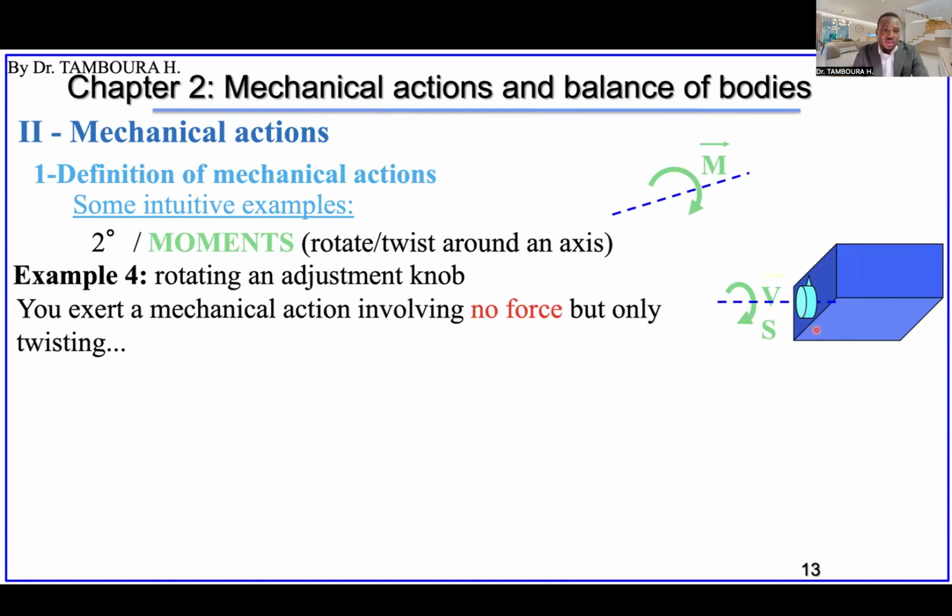You exert a mechanical action involving no force, but only twisting, okay? You twist like this. So in this case, you are applying again a torque. You need to know what is the difference between torque and moment, okay?